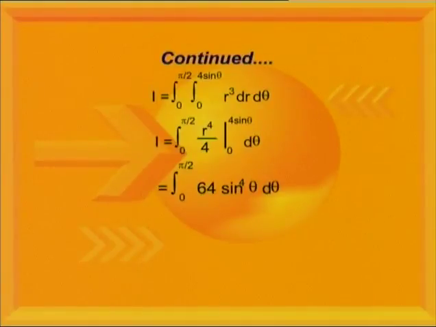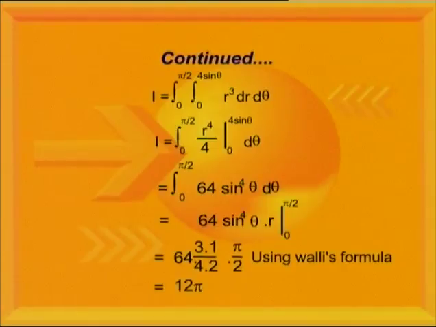By Wallis formula, which you have read in Cal 1, this integral is equal to 64 into 3 into 1 divided by 4 into 2 into pi by 2, getting 12 pi.